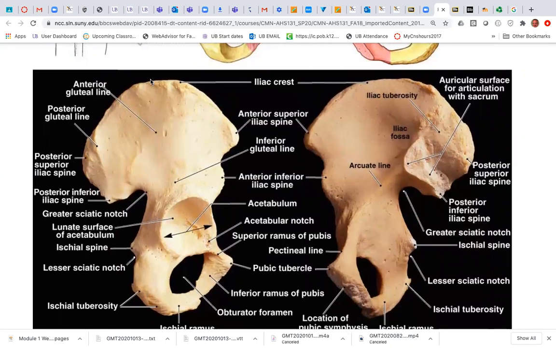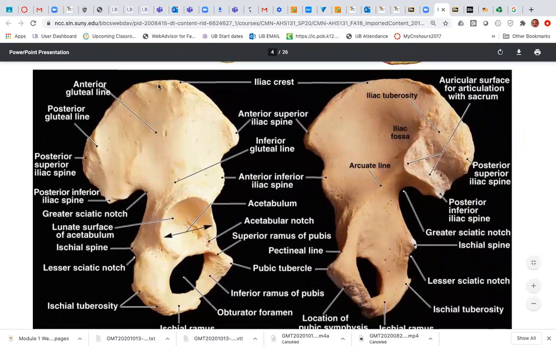The very, very top of the pelvis up here is referred to as the iliac crest. That's the top part. Now, when you follow the iliac crest, you can either move anteriorly, moving this way, or we can go posteriorly and move down and backwards this way.